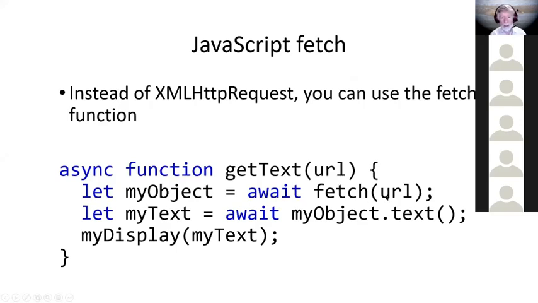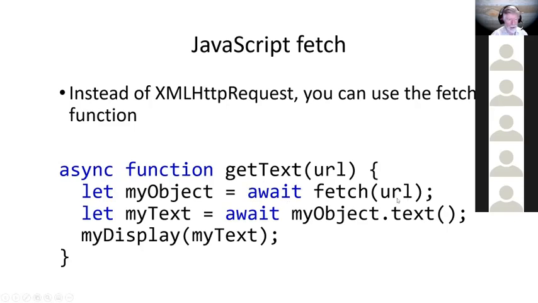Now, fetch is an asynchronous method in JavaScript. JavaScript has the concept of asynchronous methods, and this is inside an asynchronous function. It returns a promise. A promise is an object that says, when it's done, I'm going to have the information that you wanted. So await says, kind of undo the asynchronous.